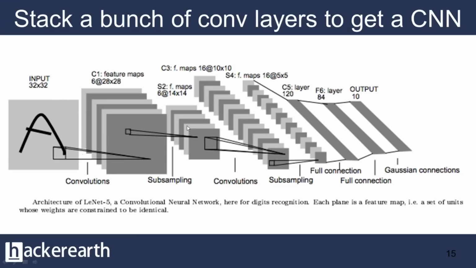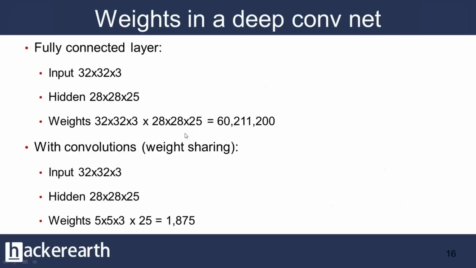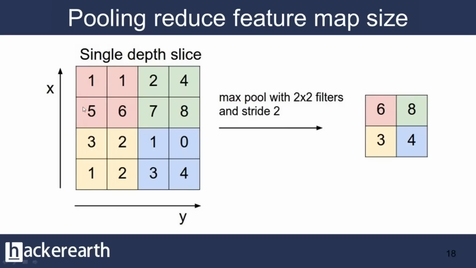LeNet architecture was this subsampling. This subsampling part is called pooling. Usually you will find that there are pooling layers that reduce the size of the feature map. All they do is they look at, let's say, a 4x4 subportion of the previous feature map and reduce it to one number.